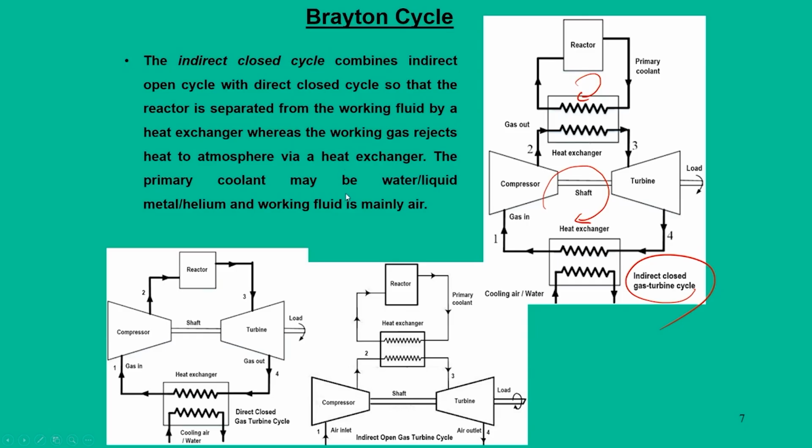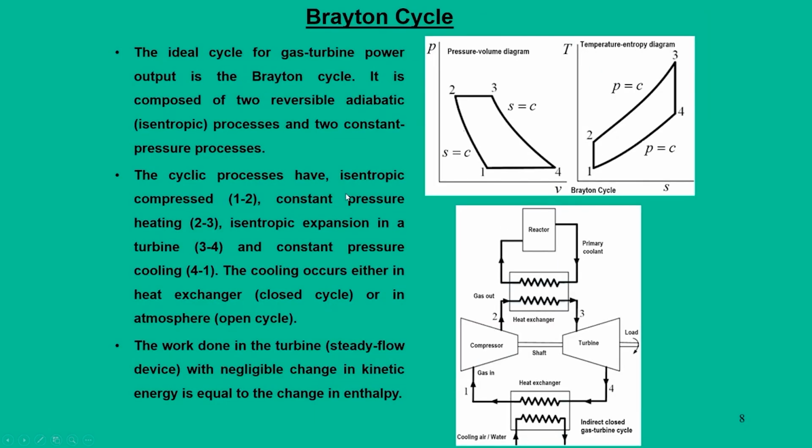This is what we call the Brayton cycle. The indirect closed gas turbine cycle is the benchmark for the analysis of a Brayton cycle. So, the ideal cycle for gas turbine power output is the Brayton cycle. It is composed of, as you can see here, state 1 where gas enters, and after compression the gas comes out.